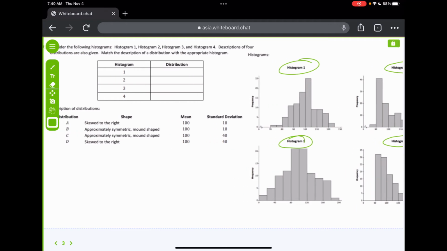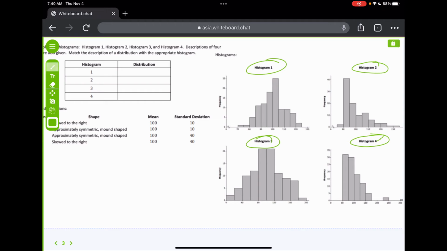Okay, so let's look at skewed right. For A, we got skewed right, which is going to have to be either 2 or 4, right? But then we're going to have to look at what the standard deviation is. So how spread out is it?